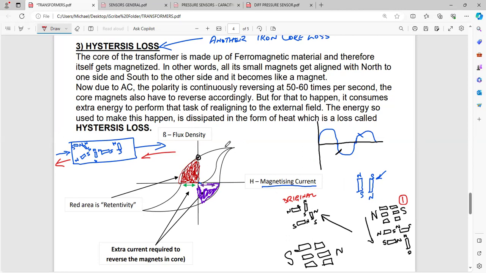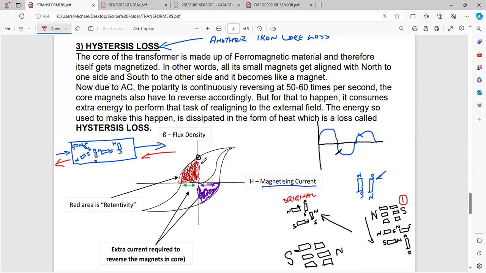You are going to trace a path in the opposite direction. When I say opposite direction, you have to change your magnetizing current in the opposite direction. Up till here, you're still having some, as you can see in this case here, this was all arranged in north and south. Some of them have remained in the north-south direction. Some have already changed to the south-north direction. And some are on the way to changing into the south-north direction.